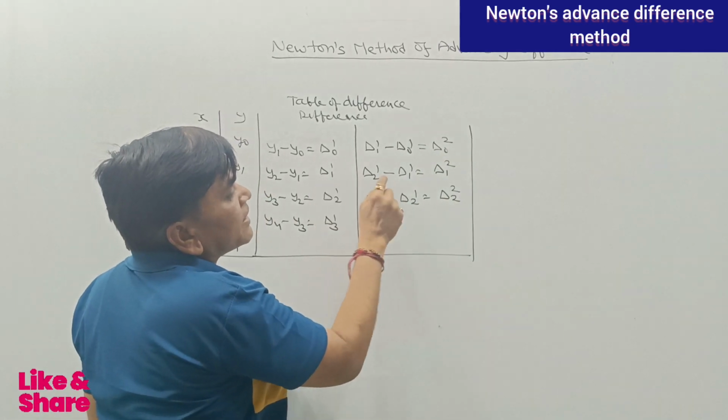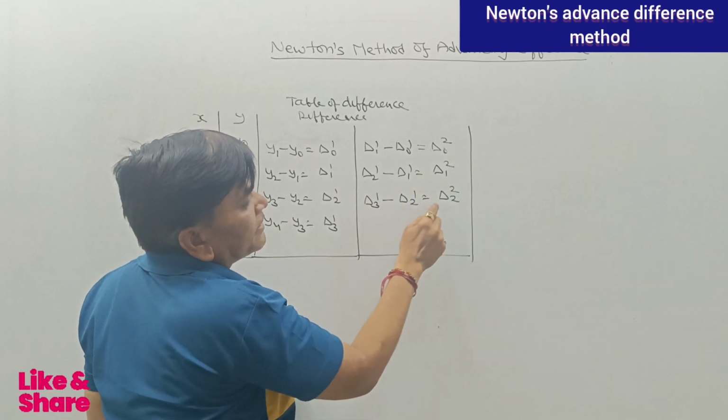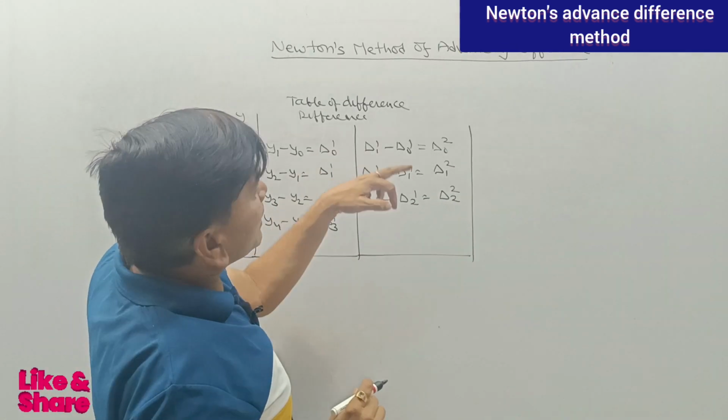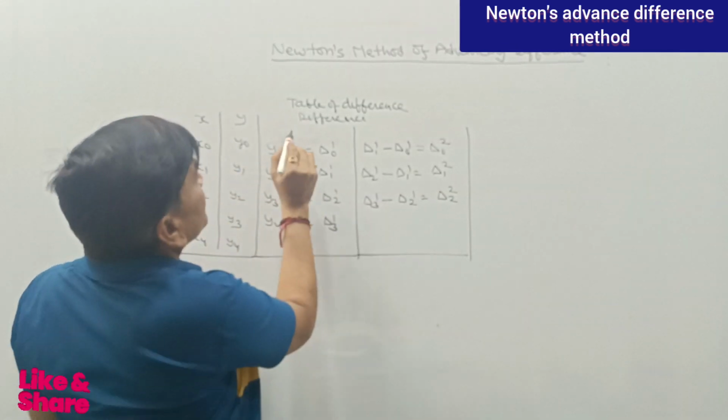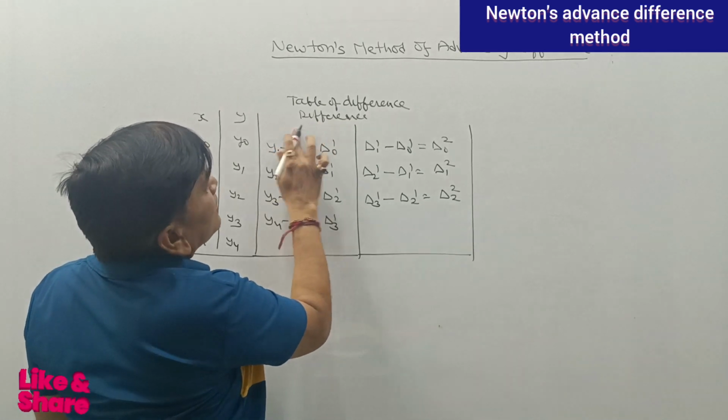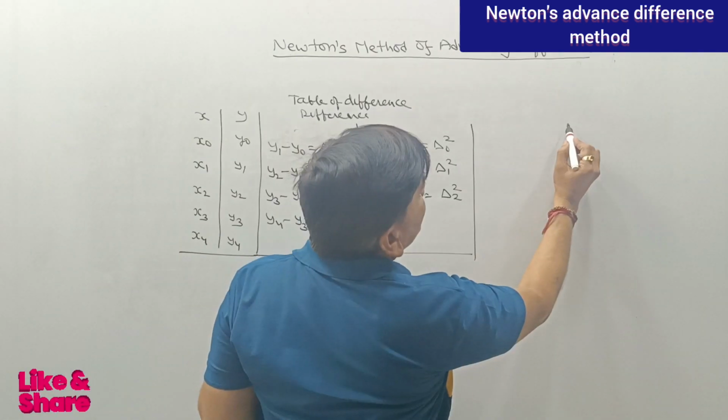Delta 2 1 minus delta 1 1, that is delta 1 2. Delta 3 1 minus delta 2 1, that is delta 2 2. This is the second difference. Now we are taking the differences of the first differences to get the second differences. Now we get the third difference.